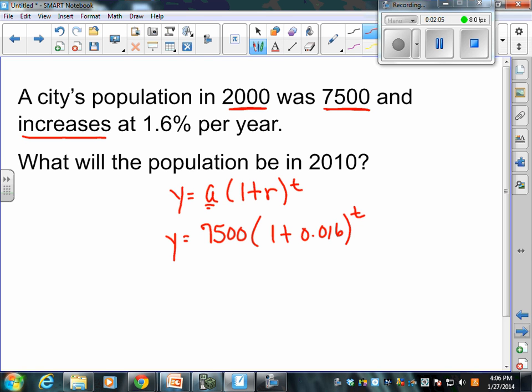Now, remember that we could go ahead and combine that and make that 1.016 if we want to, and that's our growth factor. So sometimes you'll see a problem that will ask you, what's your growth factor? So in this case, it would be 1.016. So then if I look at the equation, we'll go ahead in this case and add those two together.